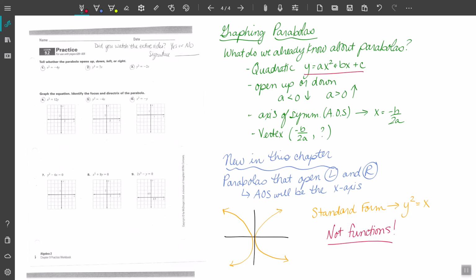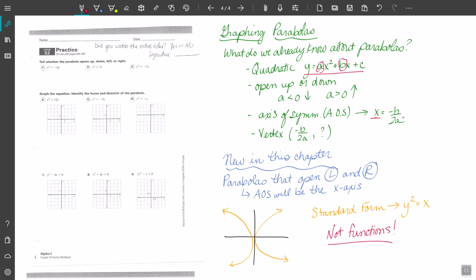That was the line that ran up and down through the parabola and through the vertex and cut the parabola in half in mirror images. We were able to find the x coordinate for that by taking the opposite of our b, which we got from our original equation, and putting that over 2 times the a value in the original equation.